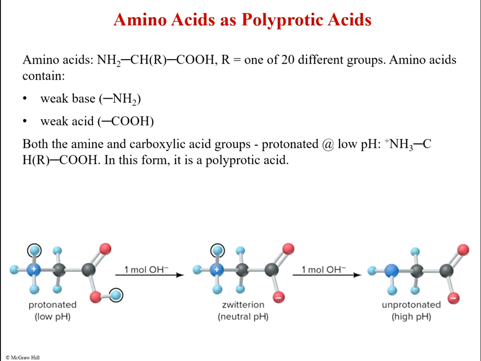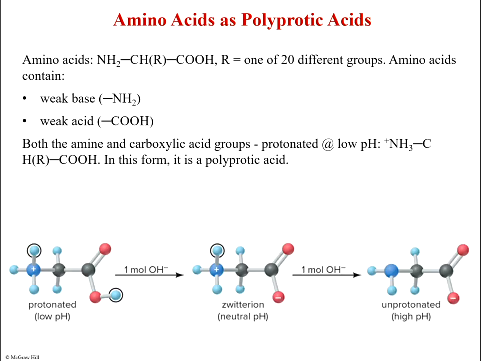So both the amine and the carboxylic acid groups are protonated at low pH. As the pH of the solution goes higher, the proton does not come off of the weak base amine part first, it comes off of the carboxylic acid. It creates what we call a zwitterion.